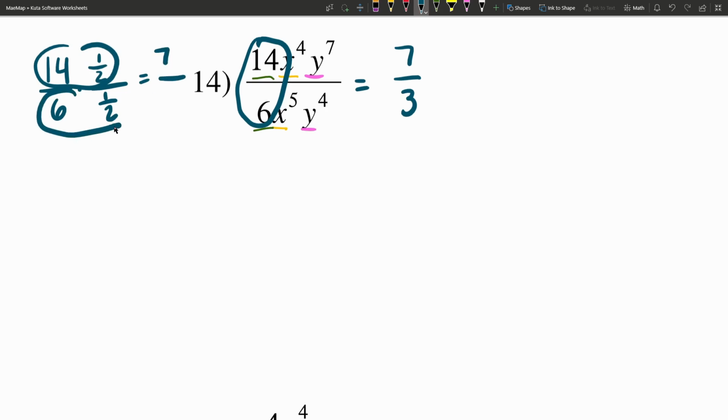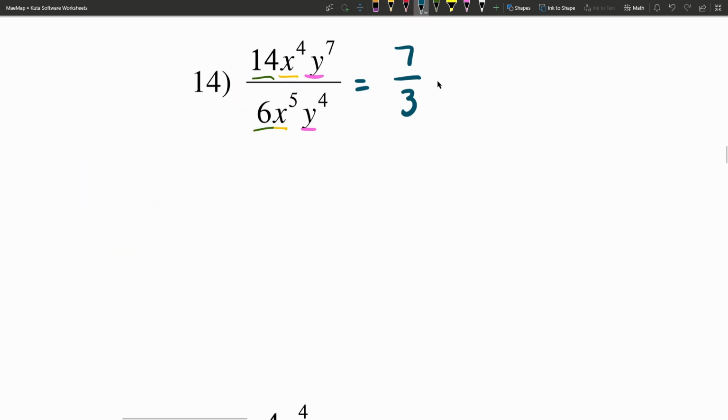And 6 divided by 2, 6 times 1/2 equals 3. Again, I just multiplied by 1. 1/2 divided by 1/2 equals 1. And you can always multiply by 1 without changing the value. Sometimes you just have to get creative with what 1 you're multiplying by. And in this case, I multiplied by 1/2 over 1/2.